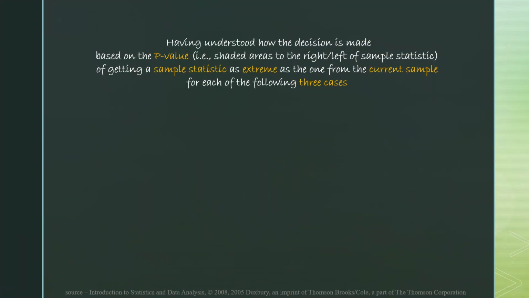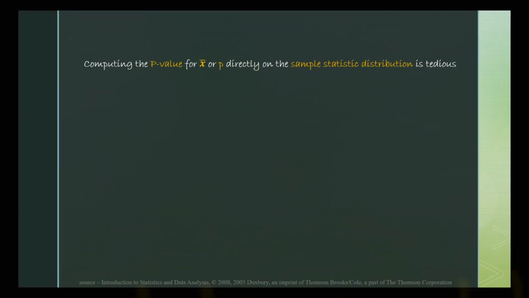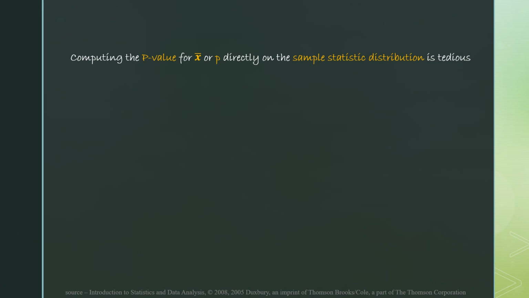Having understood how the decision is made between H0 and HA, based on the p-value of getting a sample statistic as extreme as the one from the current sample, for each of the following three cases, the next step is to understand how to compute this probability, that is the p-value. Computing the p-value for x bar or p directly on the sample statistic distribution is tedious.